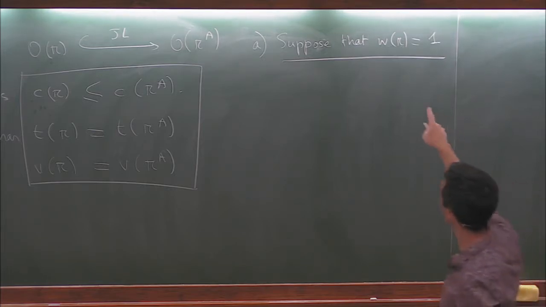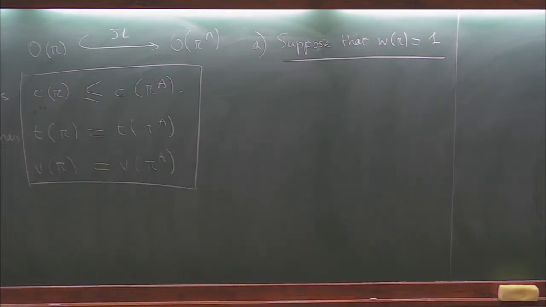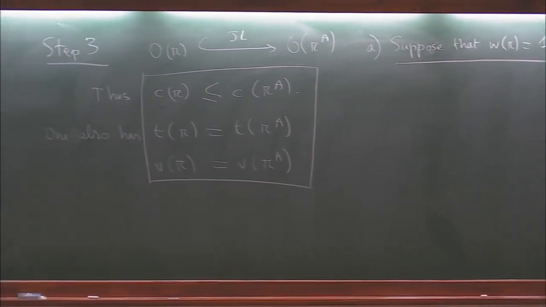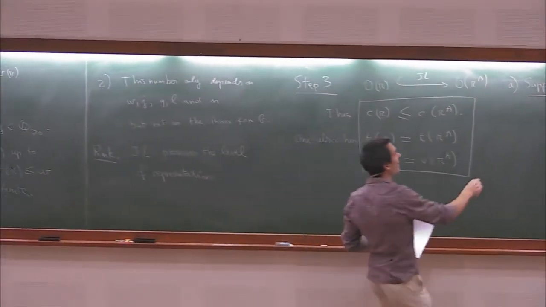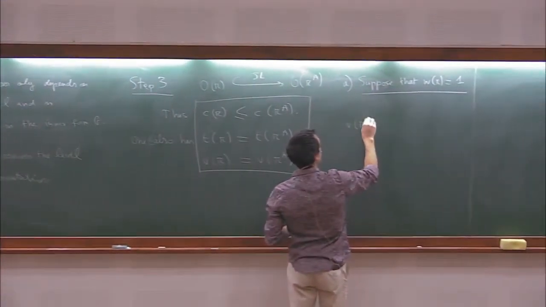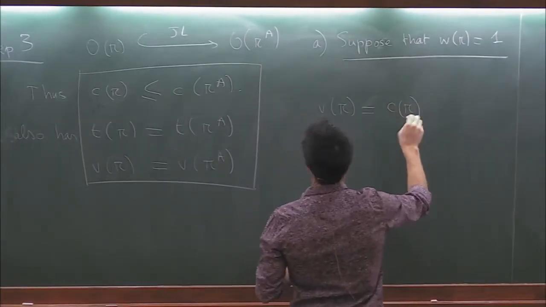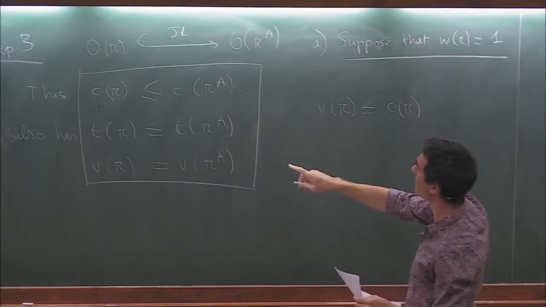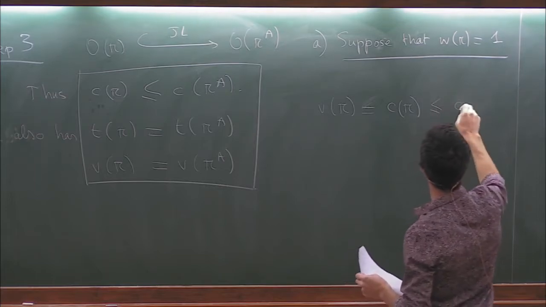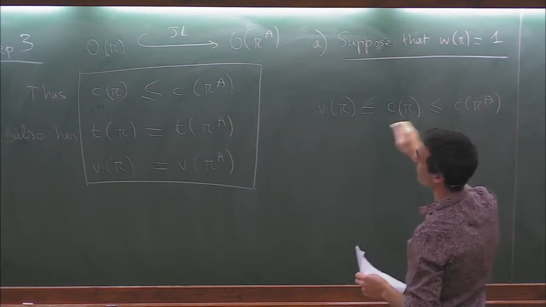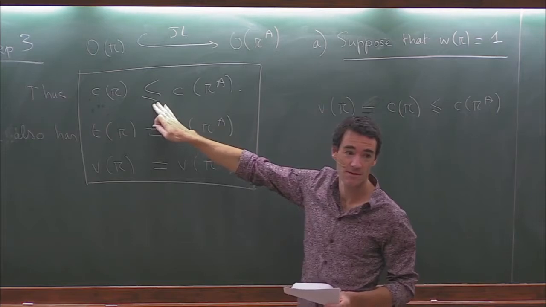Okay, so when W of pi equals 1, look here, C of pi is equal to V of pi. So we have V of pi smaller than or equal to C of pi, and C of pi is smaller than or equal to C of pi A. This is here.